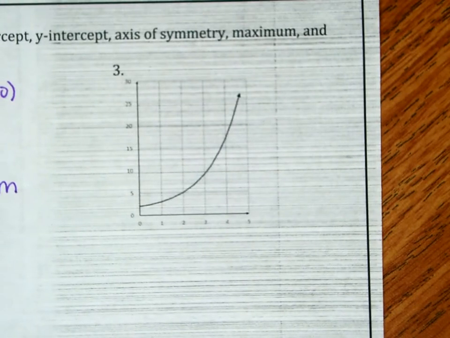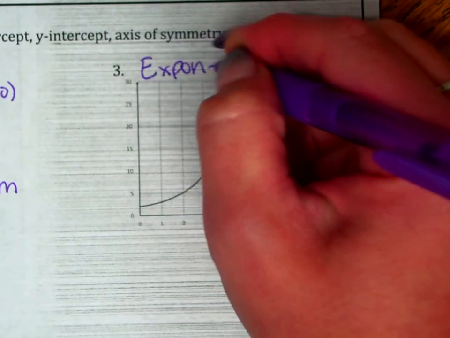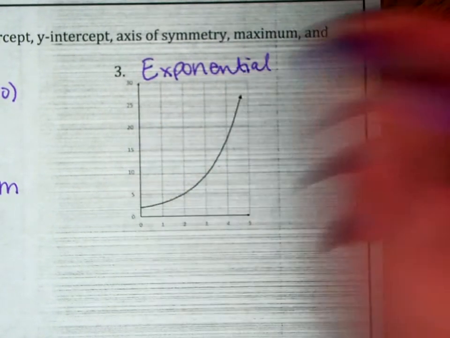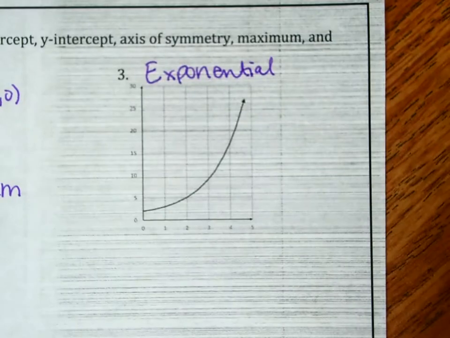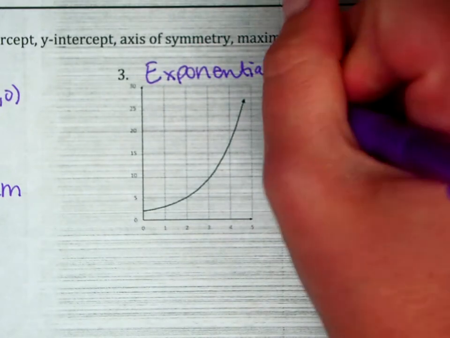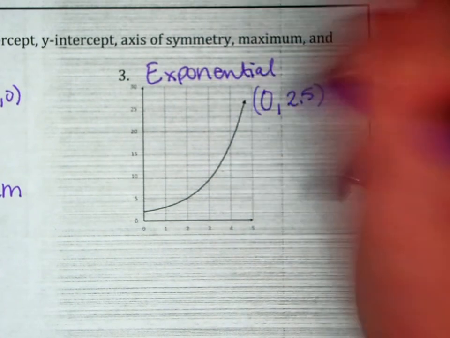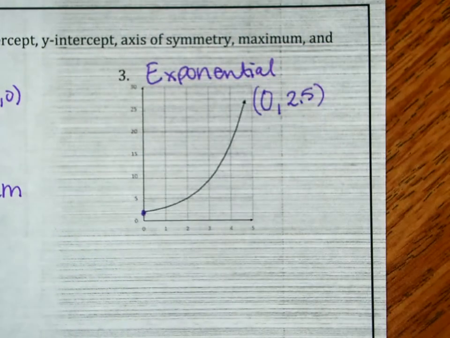Alright, so now let's look at this, what we call an exponential function. Exponential functions will never have an x-intercept. They approach the x-axis, but they never cross the x-axis. But we do have a y-intercept. I would say that our y-intercept is at 0, 2.5, because it looks like it's maybe in between 0 and 5.